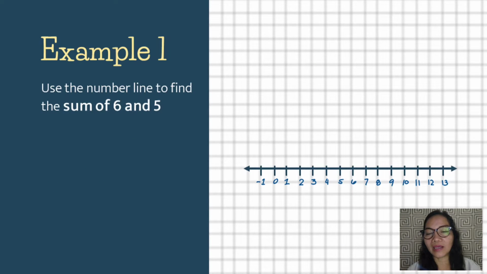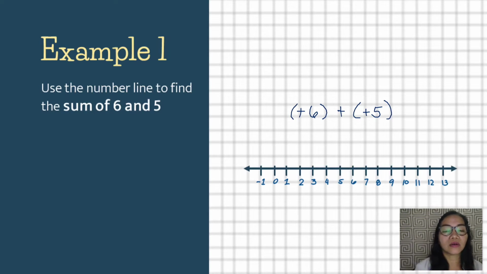Let us have example number 1. Use the number line to find the sum of positive 6 and positive 5. If an integer has no sign, it is positive. On the number line, we start with positive 6.